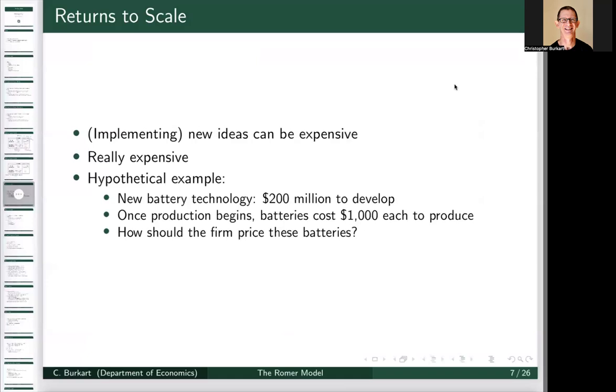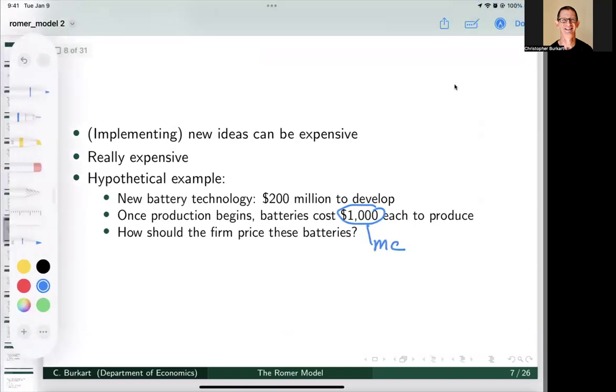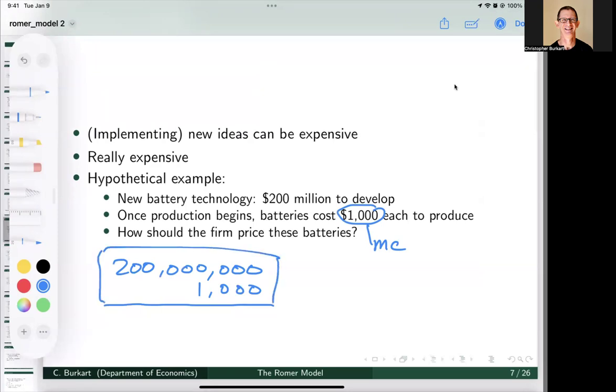Think about how many you would need to sell if your marginal cost is $1,000. We've got 200 million in development costs, and they each cost $1,000. If you charged $1,000 for each of them, you'd have to produce 200,000 just to break even.